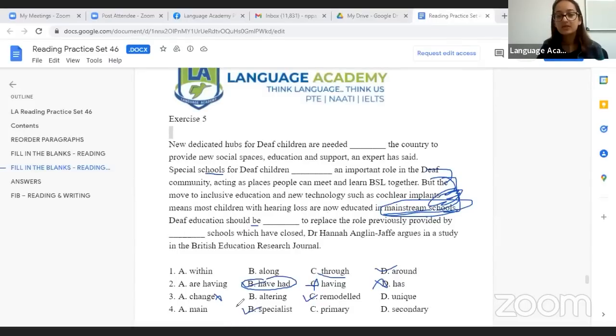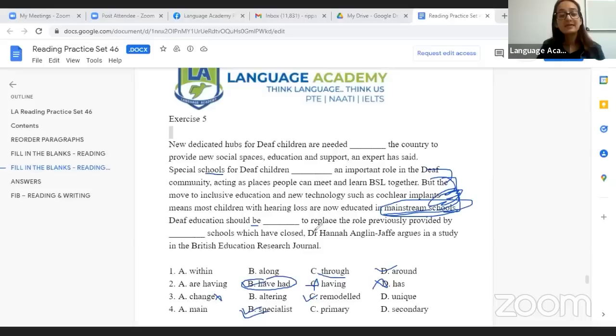Last one is specialist. Specialist schools which have now closed. So Nima, what is your question? So which schools have closed? We cannot say primary, secondary, or main schools. The special schools which are only for deaf children, they have now been closed.